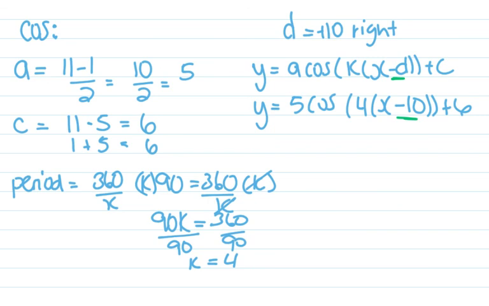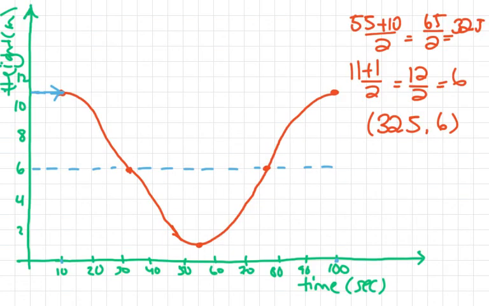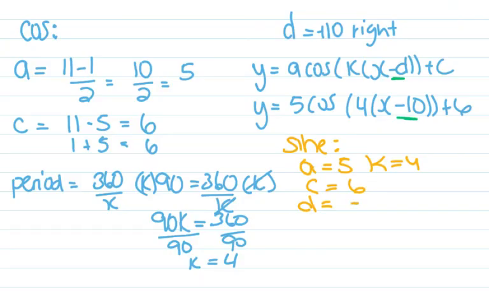If we were using sine, a lot of the information will be the same. So a still equals 5, k equals 4, c equals 6. And then d, the phase shift, if this line continued and we kept going this way, then we would hit the middle point, which is where sine starts, at negative 12.5.